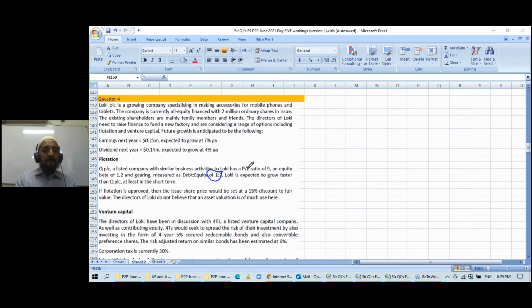We need the tax rate, which is 30%, and we need the beta, which is 1.2, and this is an equity beta. Equity beta means beta geared, so we have to adjust it according to this Q company.